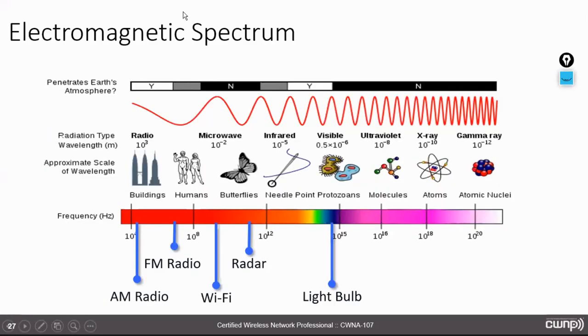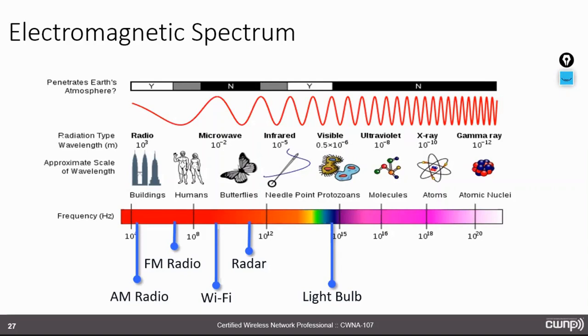As you see on my board, we have the electromagnetic spectrum, and the second lesson is going to teach you about the electromagnetic spectrum, attenuation, reflection, refraction, free space path loss and more.